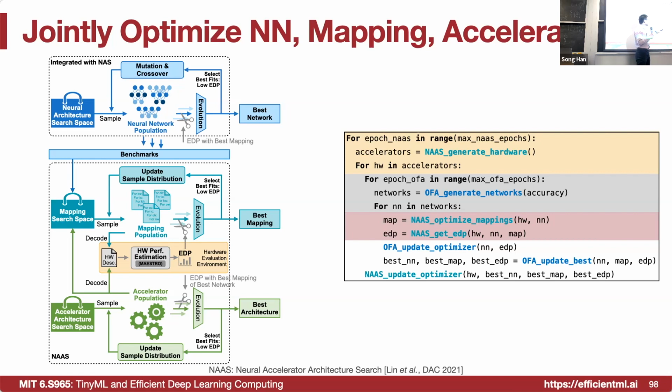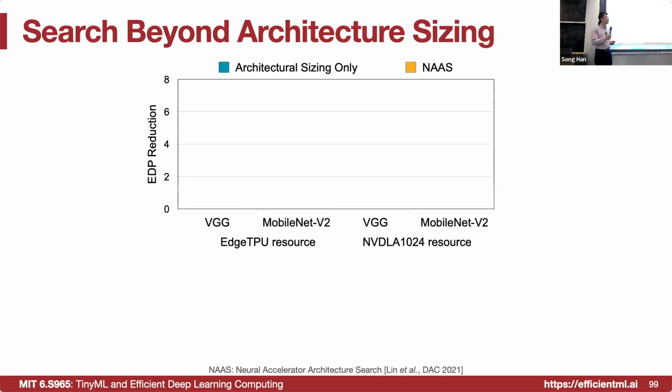Okay, and we use our optimizer to update both the mapping and also the hardware accelerator, right? So this is really tightly coupling the design of the neural network accelerator architecture and the neural network architecture.